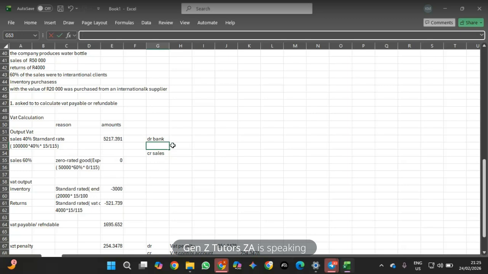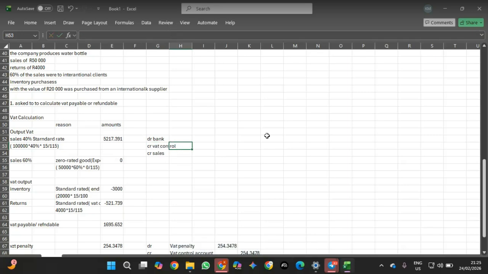So now, even though you don't know where your VAT control account will be, whether it's VAT output or VAT control, that's up to you, what we are receiving in the bank account is going to be that 100,000.